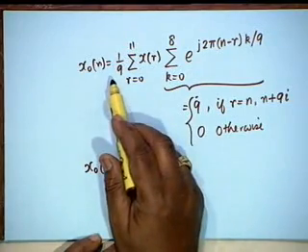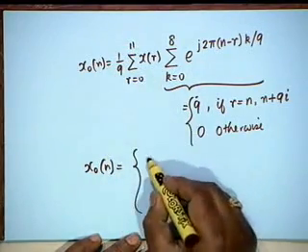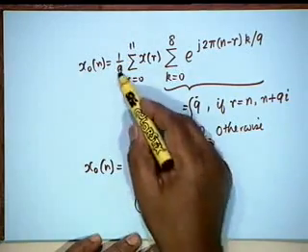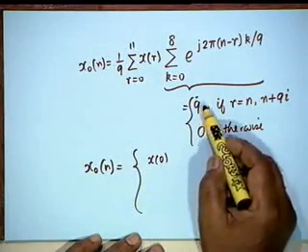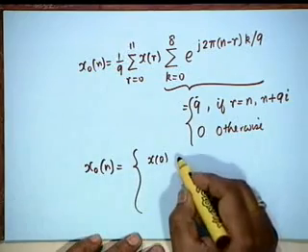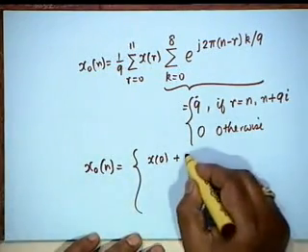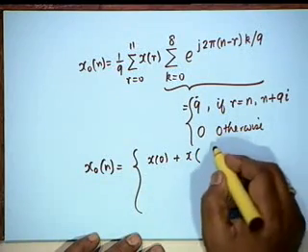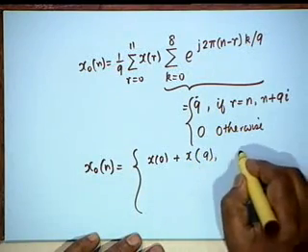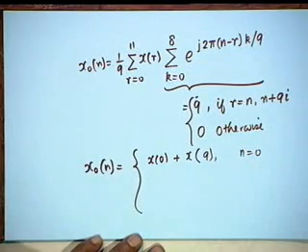If I put n equal to 0, then r equal to 0, which means x of 0, the 9 and 9 cancel each other, x of 0, then in the summation I shall have another term, x of 9, that is correct. This is for n equal to 0.